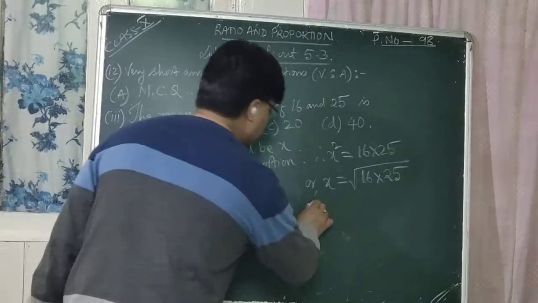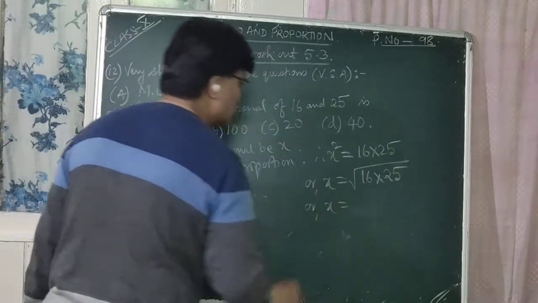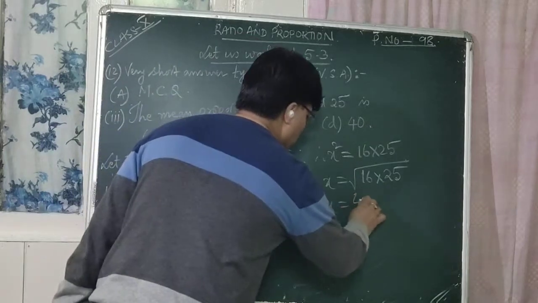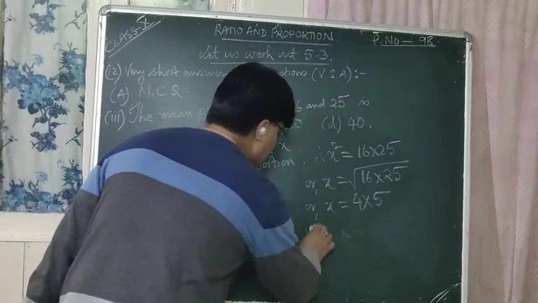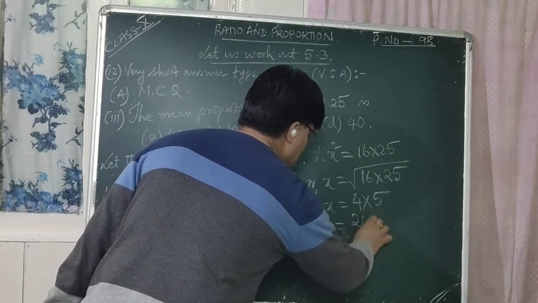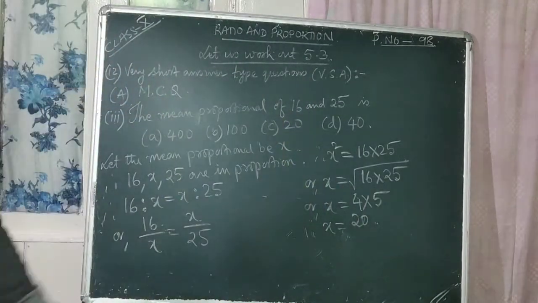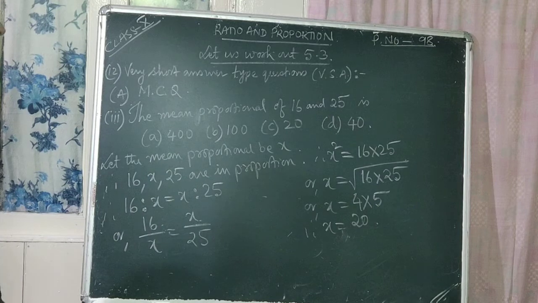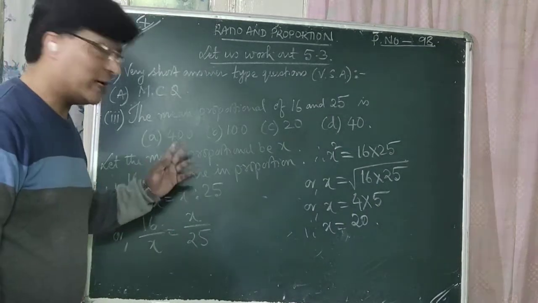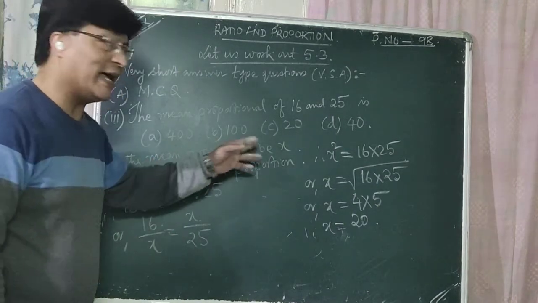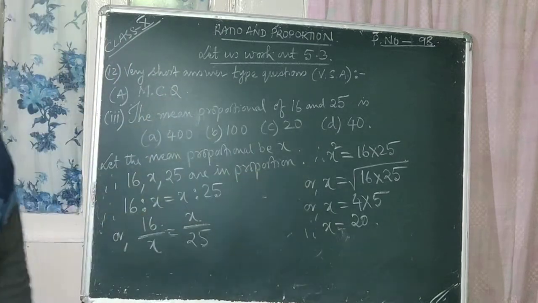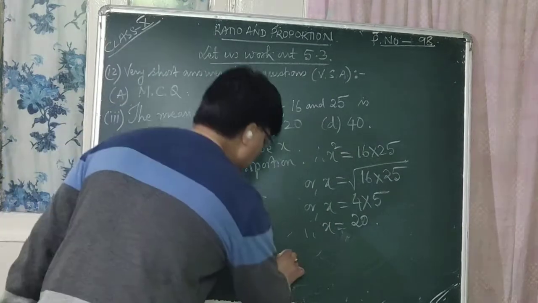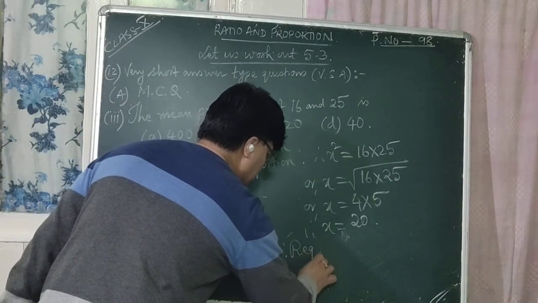So x is equal to, what is square root of 16? 4. What is square root of 25? It is 5. That means x is equal to 5 4s, that is 20. We had assumed mean proportional as x. That means x is equal to 20. Therefore required mean proportional is equal to 20.